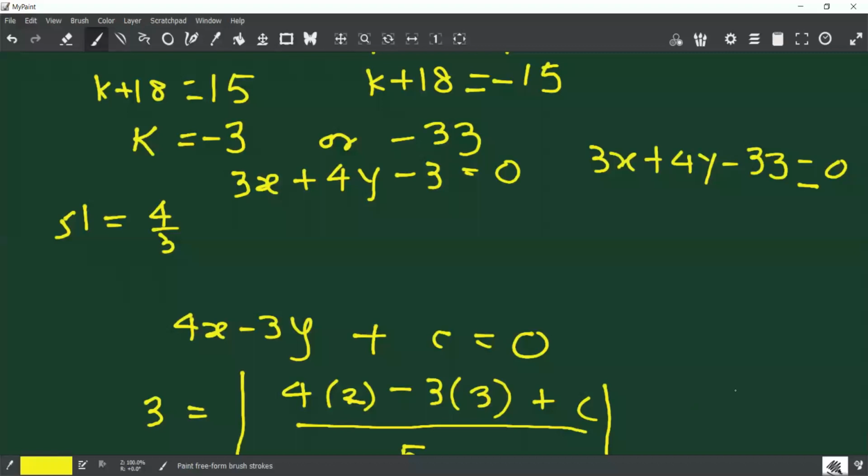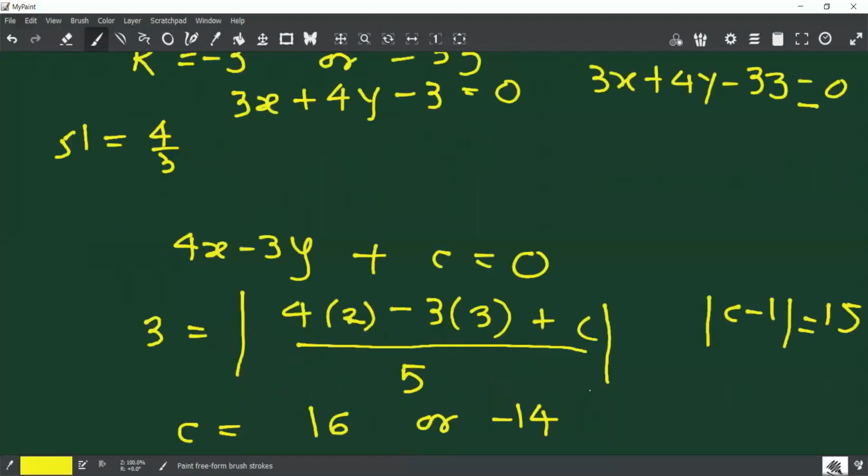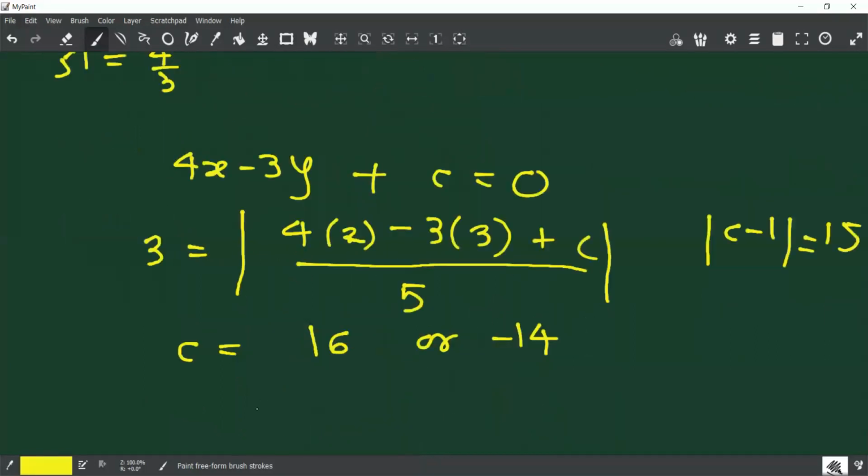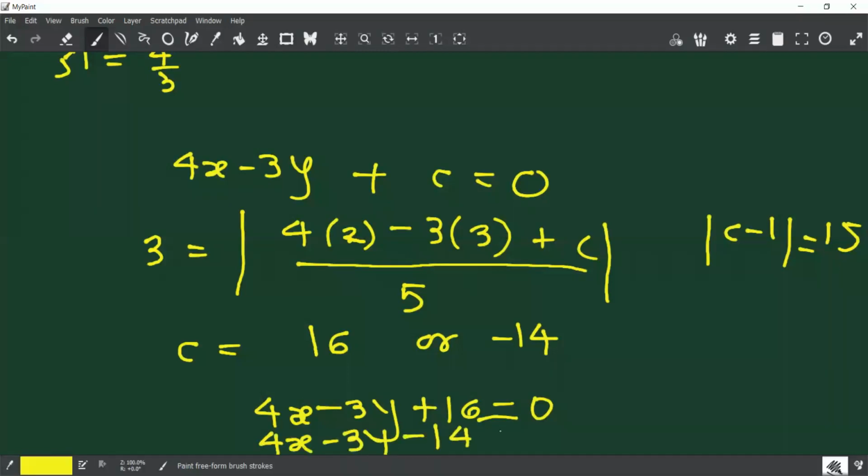So mod of c minus 1 is equal to 5 times 3, which is 15. When you remove the modular sign, c minus 1 is either plus 15 or minus 15. So my values of c are either 16 or minus 14. So your equations are 4x minus 3y plus 16 is equal to 0 or 4x minus 3y minus 14 is equal to 0.